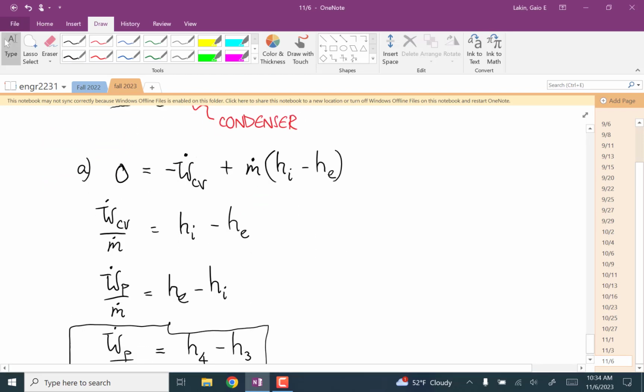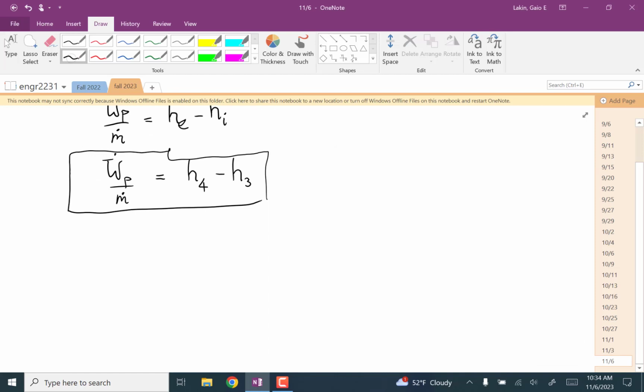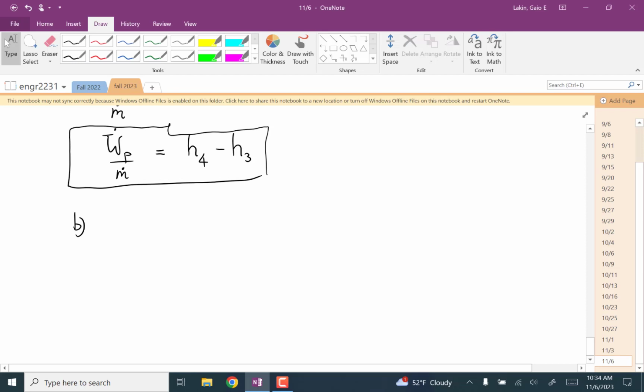So the second one, now we're doing this at the boiler. We're going to start with the equation that says 0 is equal to Q dot CV plus M dot times the quantity H inlet minus H exit.